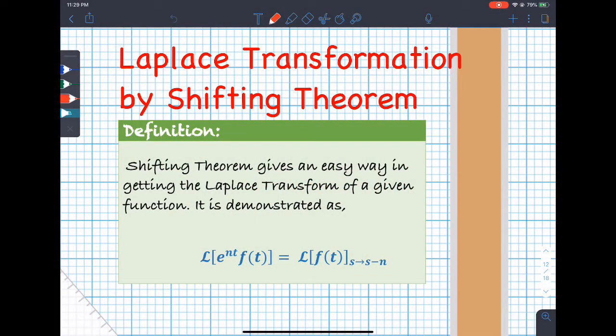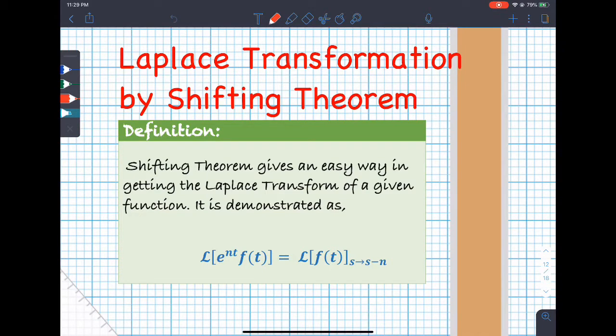When we have two functions which are multiplied with each other, or a product of two functions, we could use some theorems in Laplace transformation. One of which is the shifting theorem.